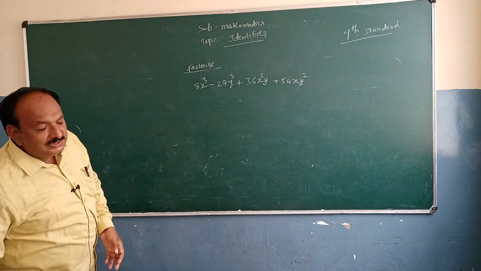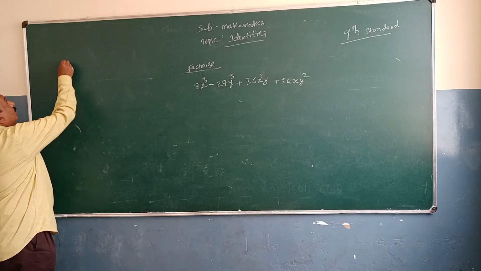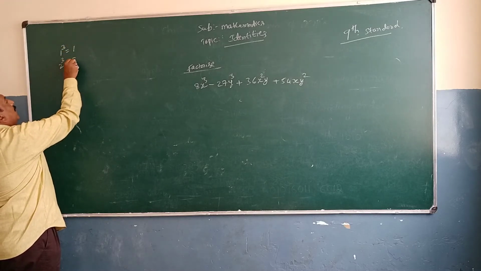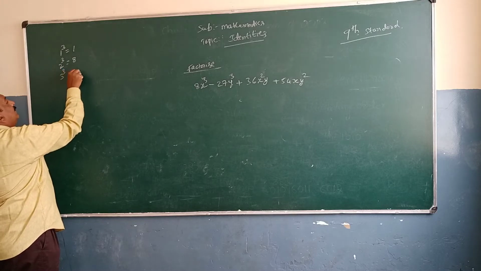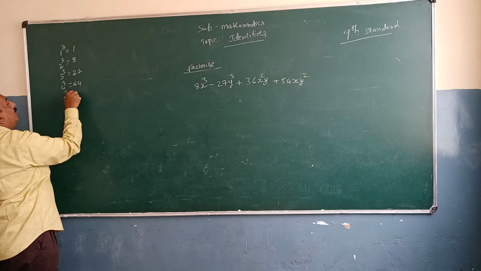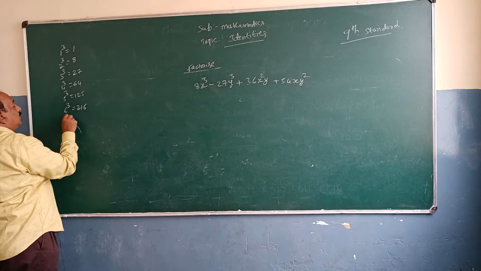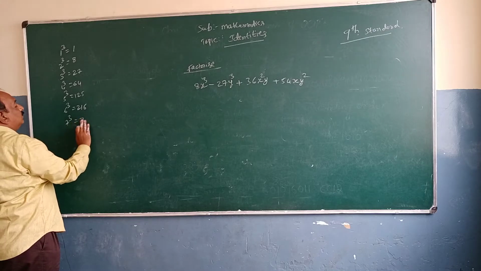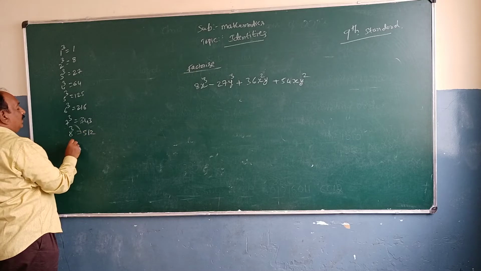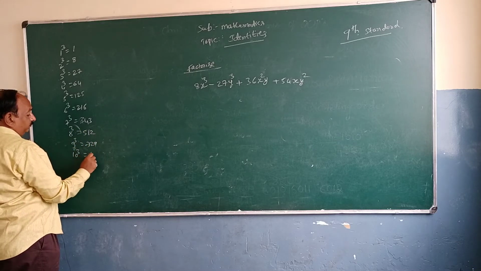This is factorization. Before going to factorization, we need the cubes: 1 cubed is 1, 2 cubed is 8, 3 cubed is 27, 4 cubed is 64, 5 cubed is 125, 6 cubed is 216, 7 cubed is 343, 8 cubed is 512, 9 cubed is 729, 10 cubed is 1000.